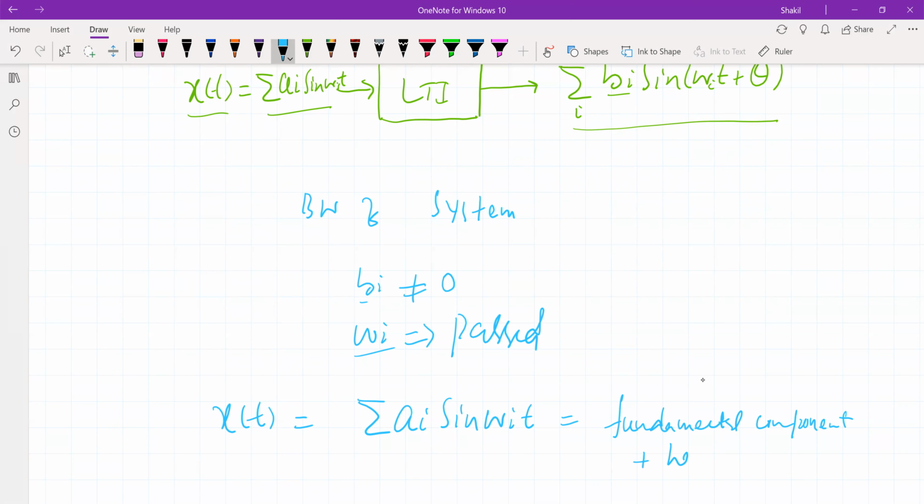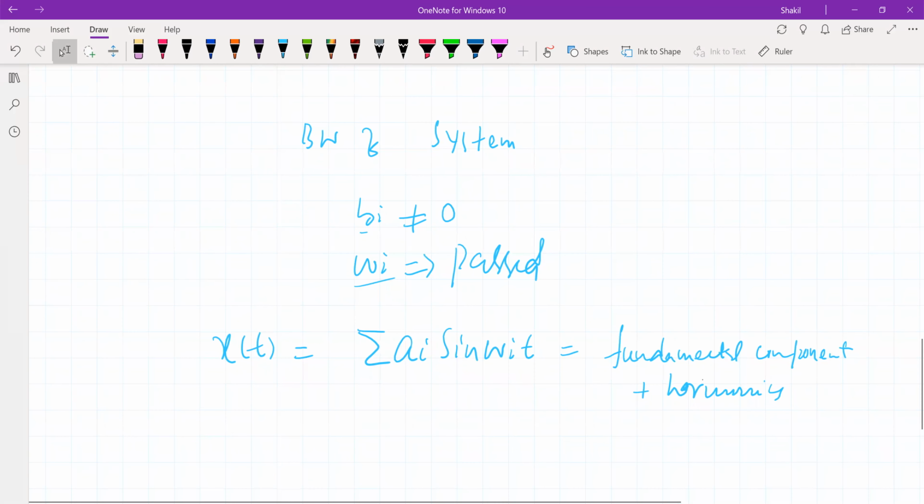In machines, we say it like this. For electrical machines, like induction machines, electrical motors or synchronous machines, when we do this, we say we are expressing x of t as a fundamental component plus harmonics.